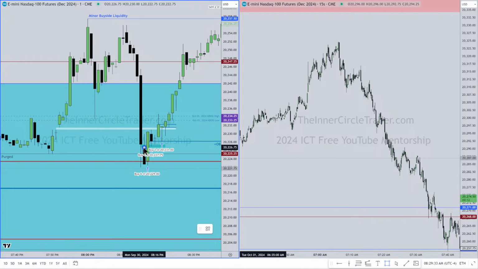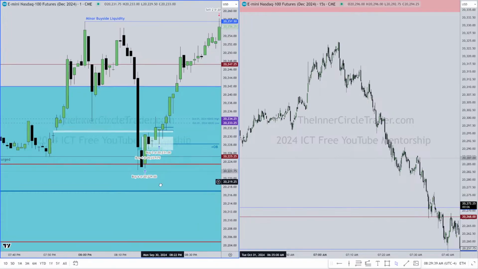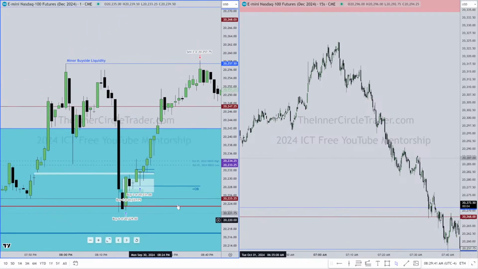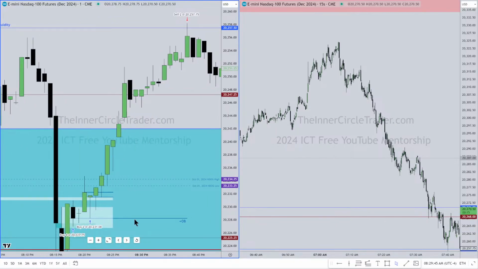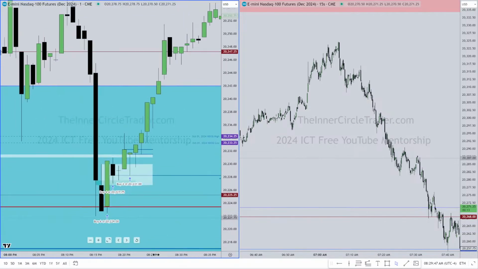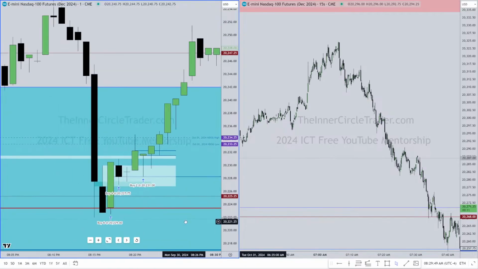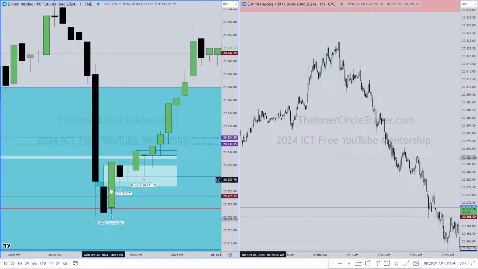This is the watering hole, and I'm the cheetah, and I'm running down my dinner. I know that the market's going to offer time and price inside that little white area. So when price is in that area, I'm trying to capitalize by going long in it.